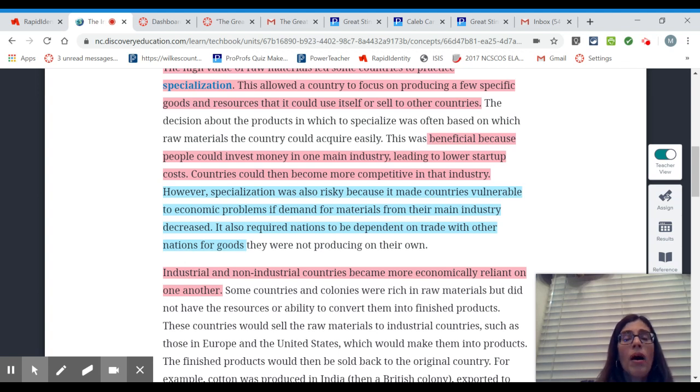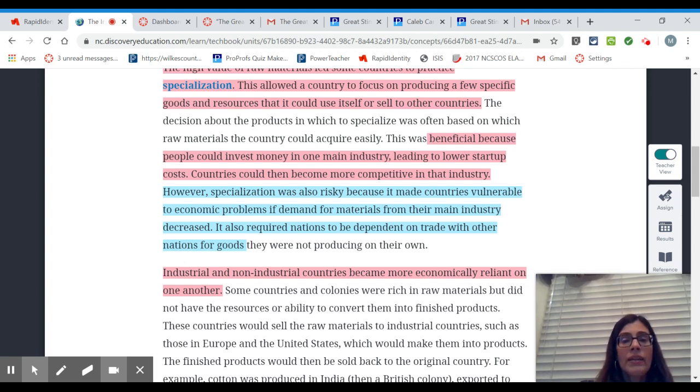Now, that was the positive, but it also had a negative here in blue. It was a risky thing because countries became vulnerable to economic problems if demands for their particular product were not very high. Okay, and so they were not able to produce and sell what they needed to keep their country's economy afloat.